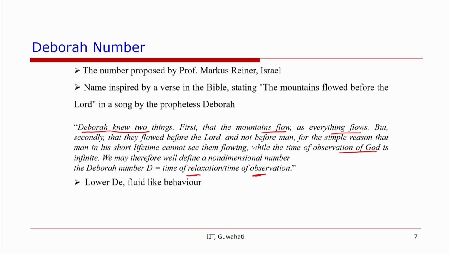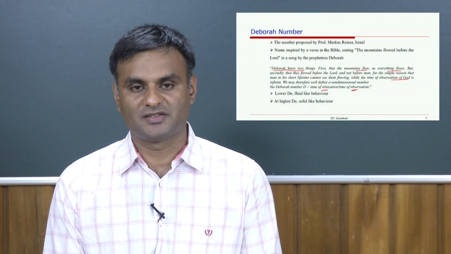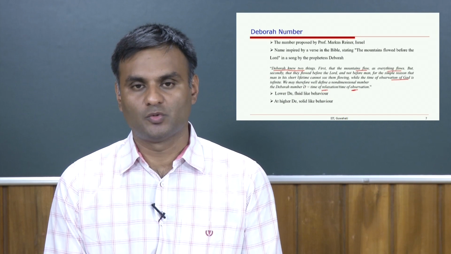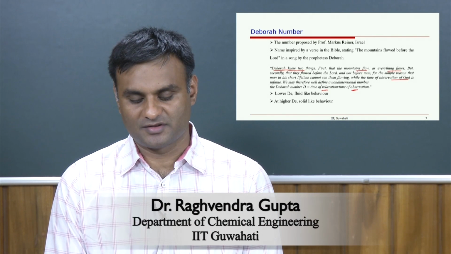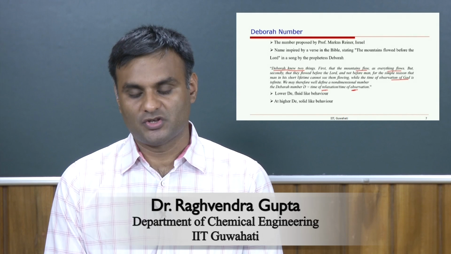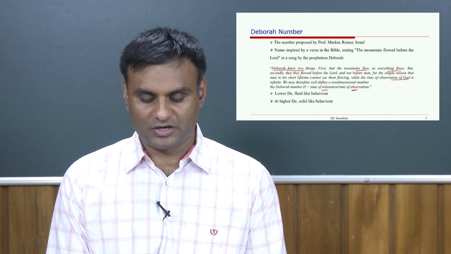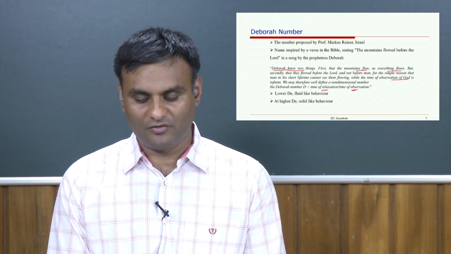Whereas, if the relaxation time is very large as compared to the time of observation, as in the case of a human observing the motion of mountains, it will be solid-like behavior. So the Deborah number is the time of relaxation over the time of observation.